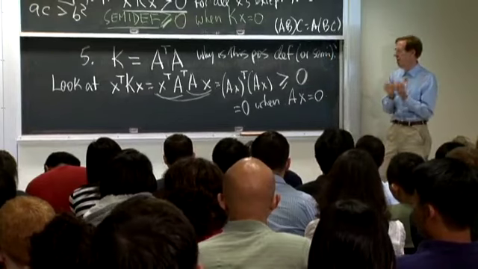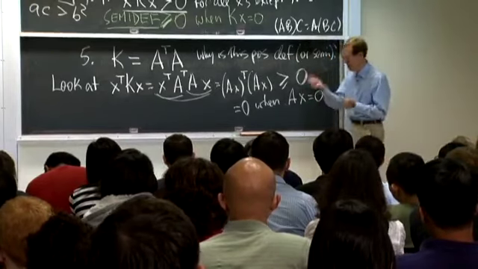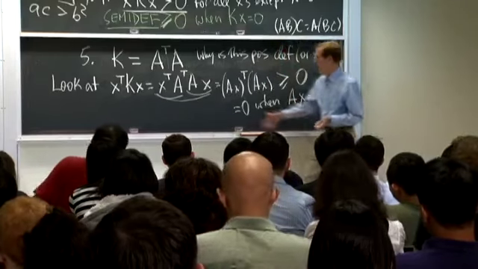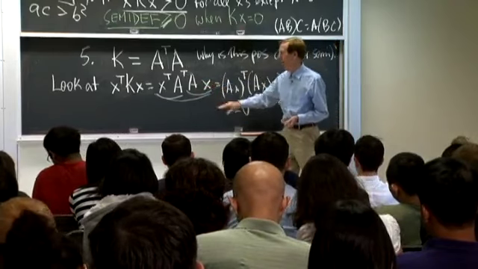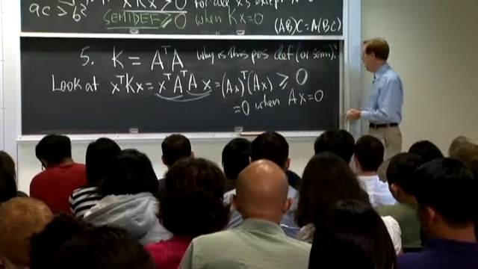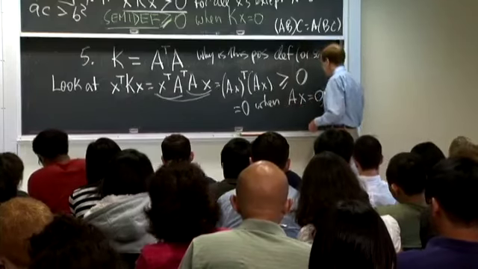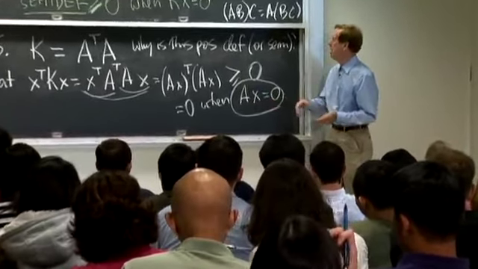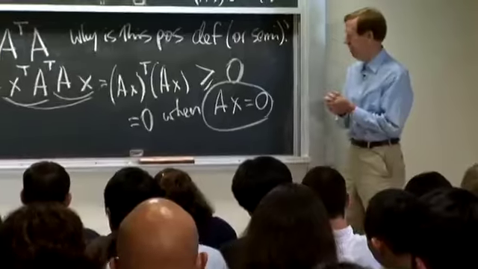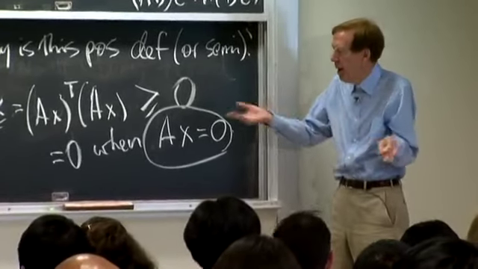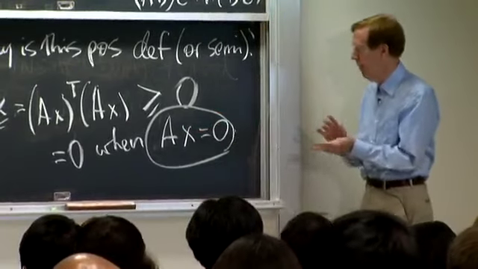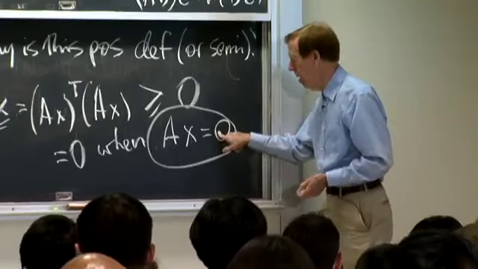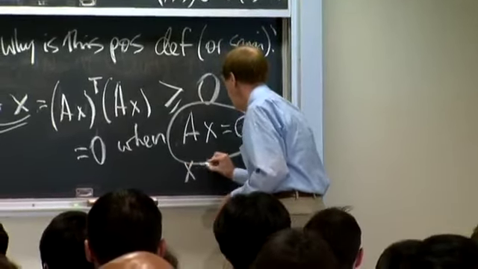So what's the key to that borderline question? This will be only semi-definite if there's a solution to AX equals 0. There's always the 0 vector, which I can't expect to be positive. So I'm looking for an X so that AX is 0, but X is not 0.